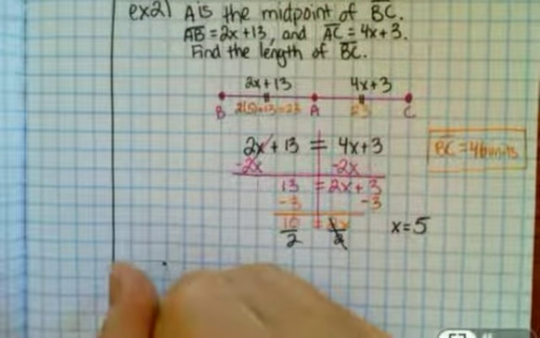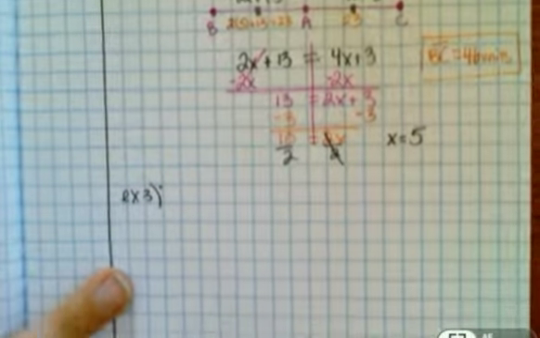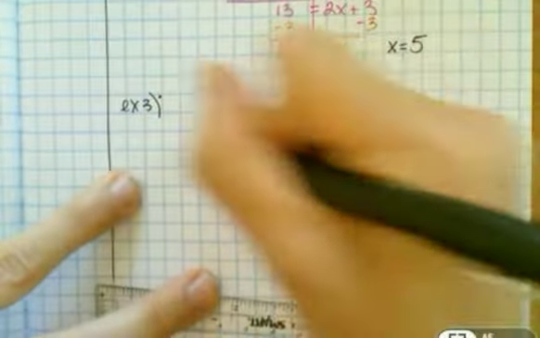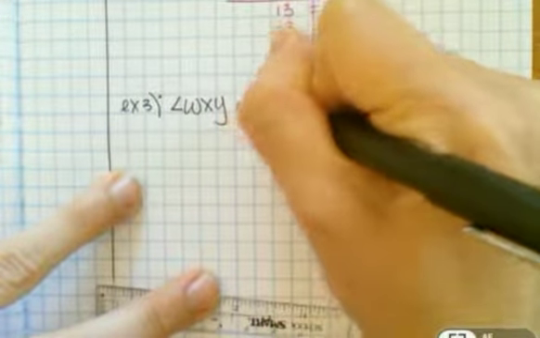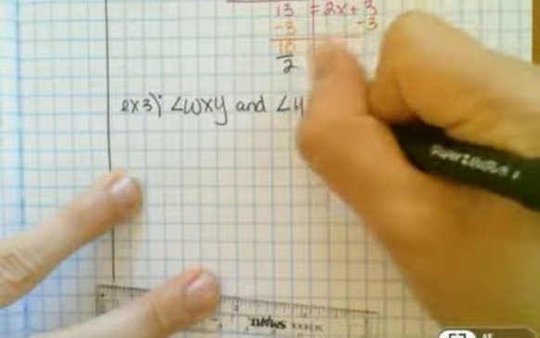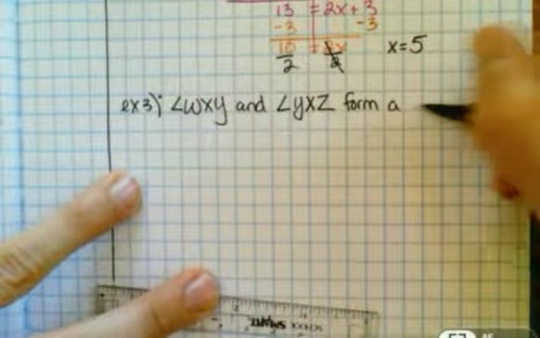So one more. Example 3. Angle WXY and angle YXZ form a linear pair.